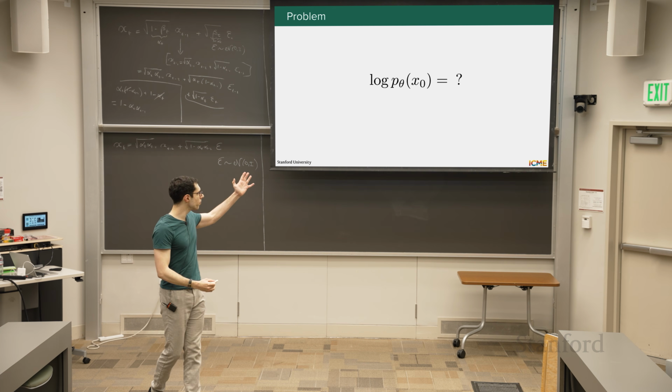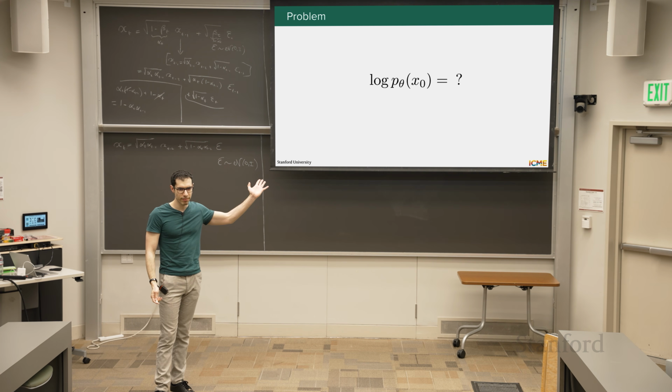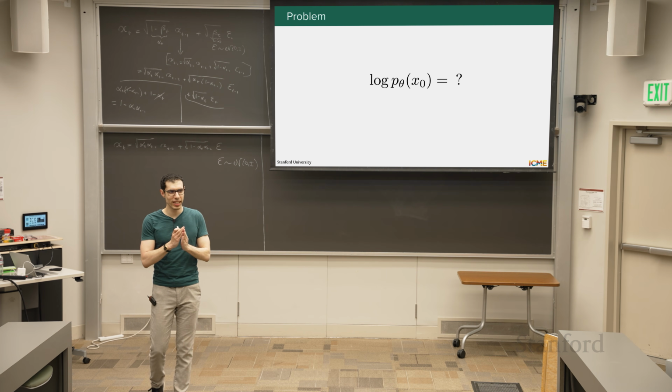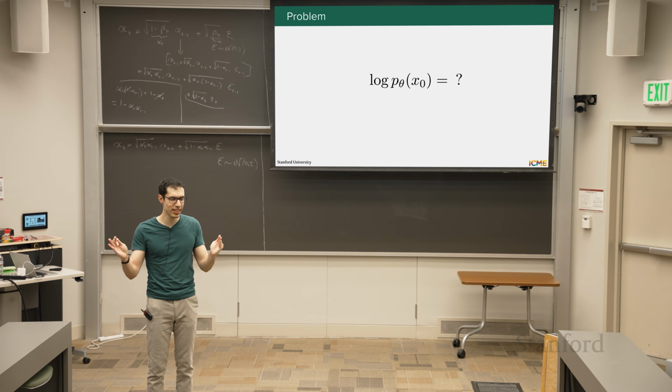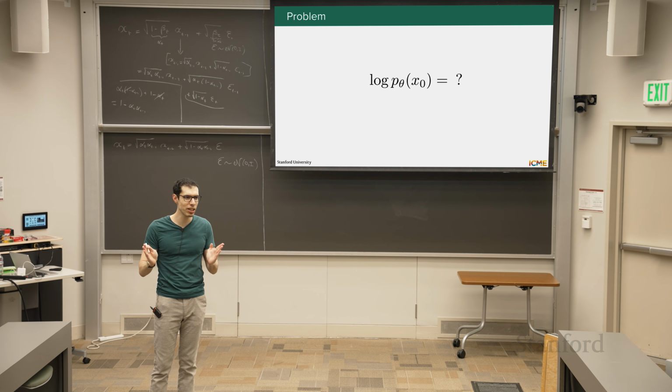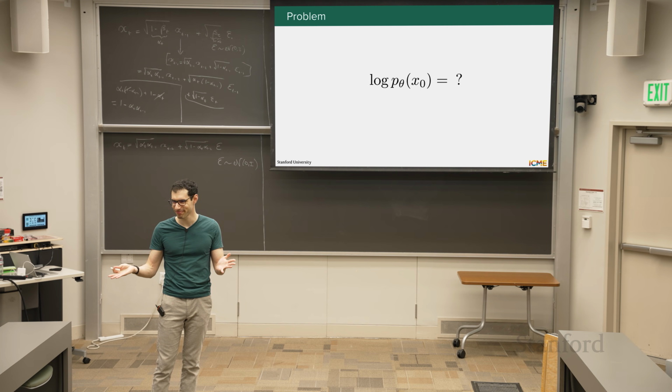So in order to compute this quantity, one idea could be to take the joint probability distribution over all the time steps and then sum across all these different quantities except x0, aka you can just marginalize.